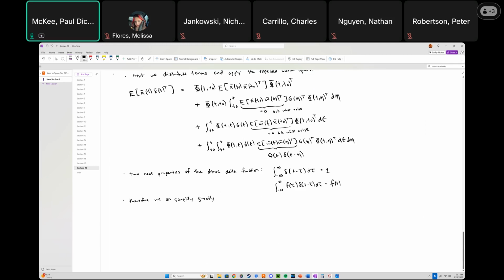So we're back down to one line now. The expected value of x of t, x of t transpose is equal to, so it's going to be the first term, right? Phi from t naught to t, expected value of x of t naught, x of t naught transpose.